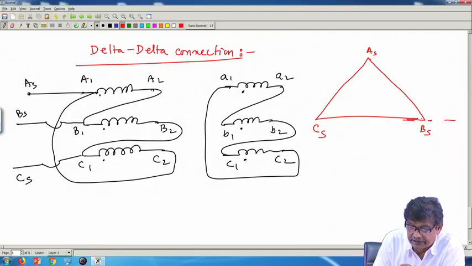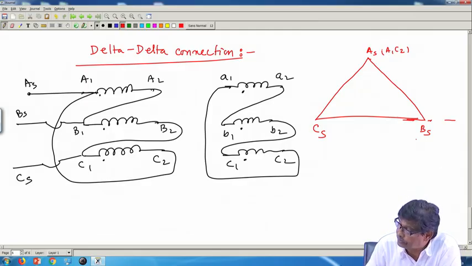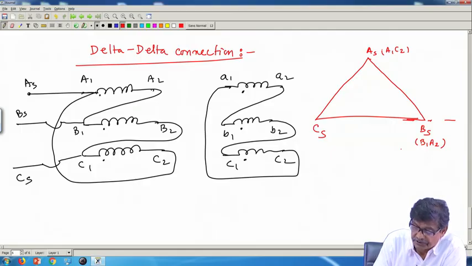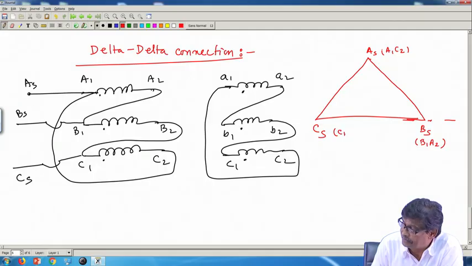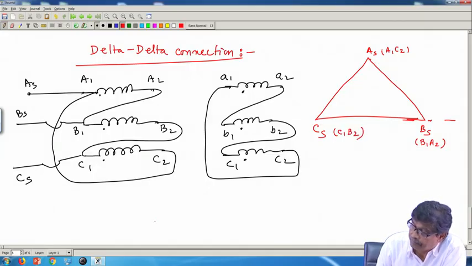And then what is the next step? AS you have connected to capital A1 and C2. So, capital A1 C2. BS I have connected to B1 and A2. So, B1 A2, same potential because of this connection. CS is connected to C1 B2, is not? This will be the thing.